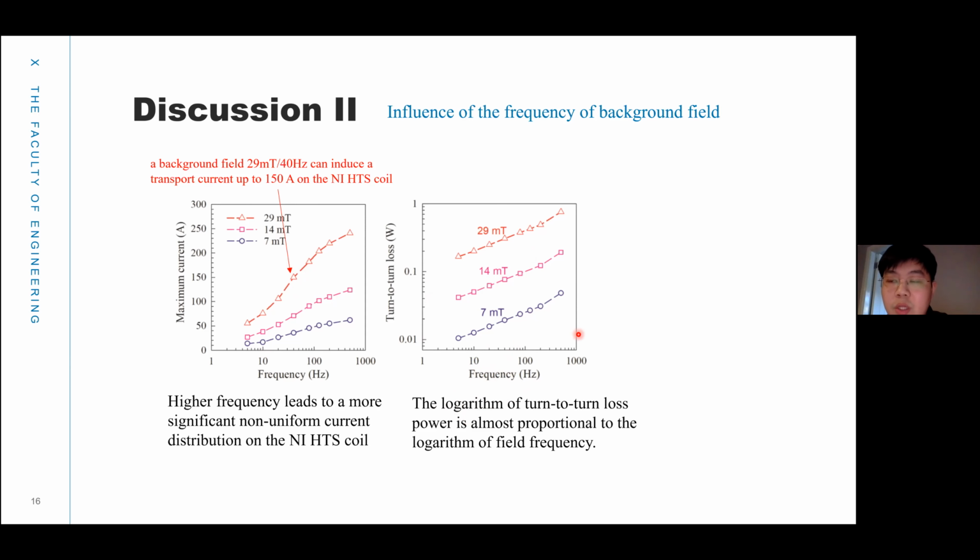And we know that in an electric aircraft system, the frequency may be much higher than 100 Hertz, maybe 400 Hertz. So the turn-to-turn loss must be considered in the rotor design.